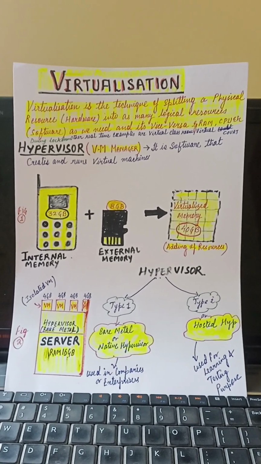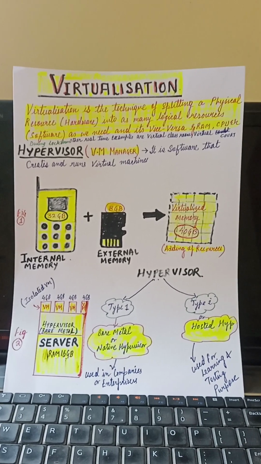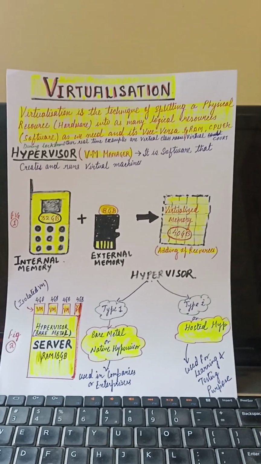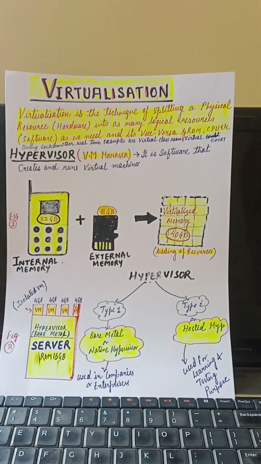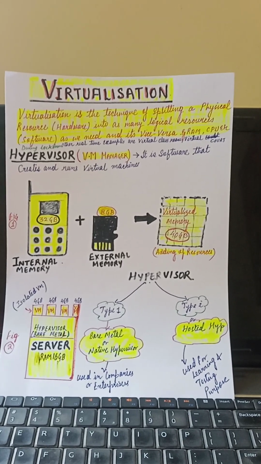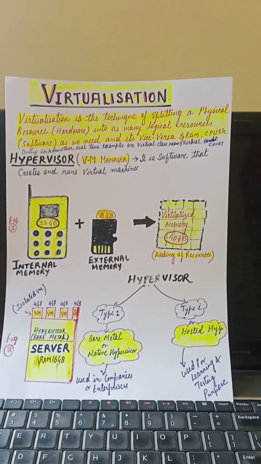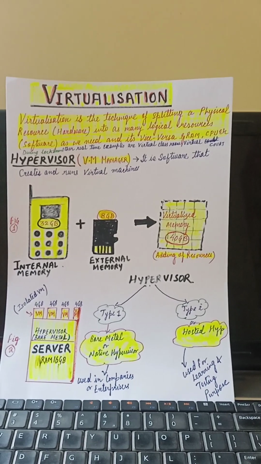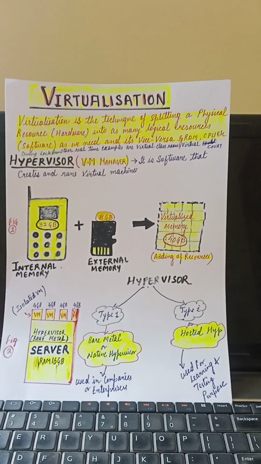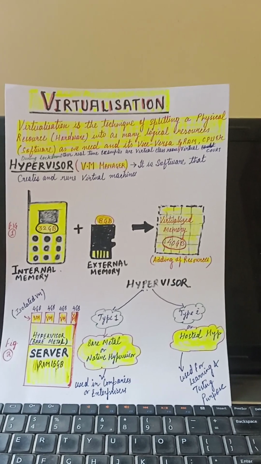So virtualization is a technique of splitting a physical resource, hardware, into as many logical resources, software, as we need, and vice versa, which means the reverse. For example, random access memory, RAM, and CPU, central processing unit.